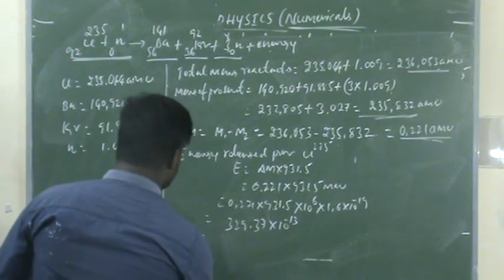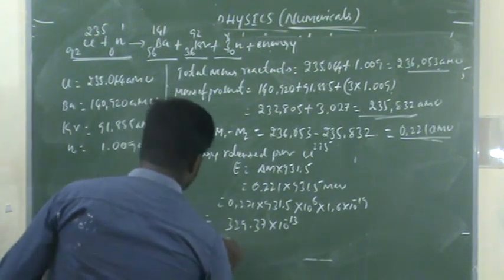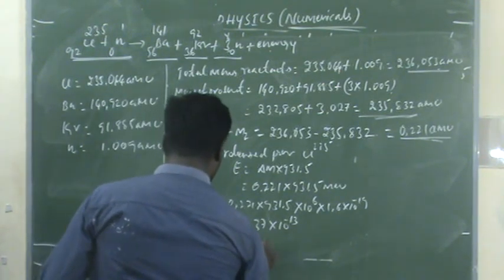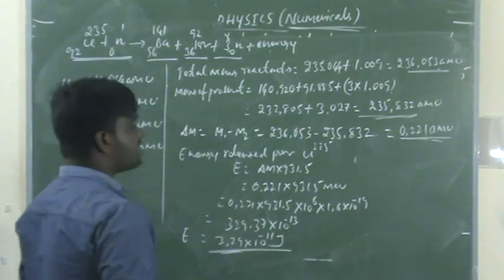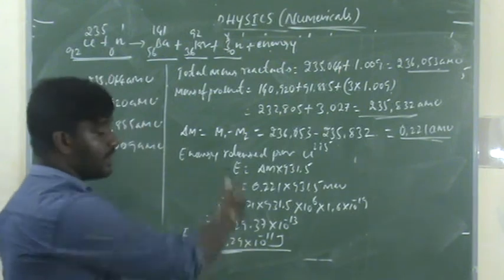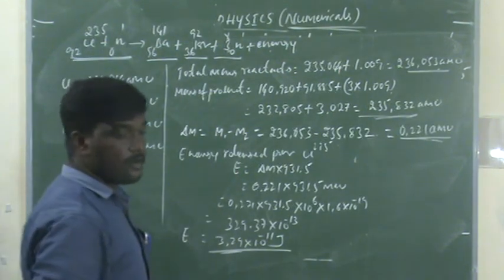So we write it like this: E equals 3.29 into 10 to the power of minus 11 joules. This much energy is released per uranium 235.